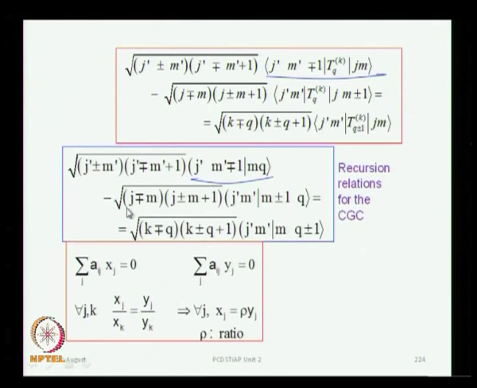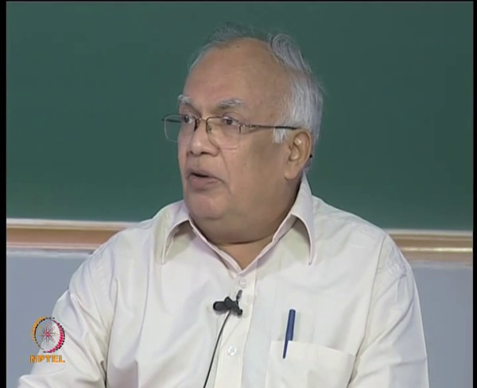So, these square root terms are exactly the same, and when you have such a system of equations, then from your knowledge of linear equations you know that the ratios of the corresponding terms must be exactly identical. Okay, that is something that you know from your knowledge of linear equations.